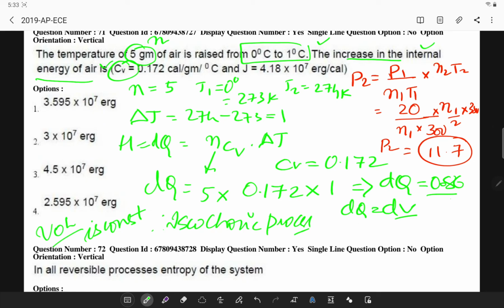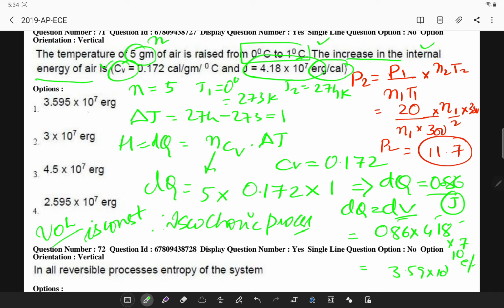However, the units here are to be in joules, in erg per calorie. So I have to substitute it. So 0.86 into 4.18 into 10 power 7 erg per calorie, and the calorie will be converted. So 0.86 into 4.18 is simply 3.59 into 10 power 7. So the option is this.